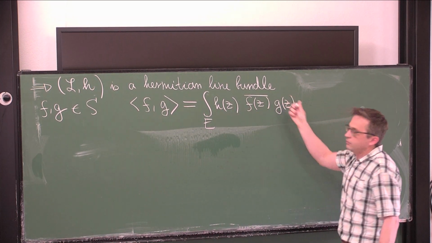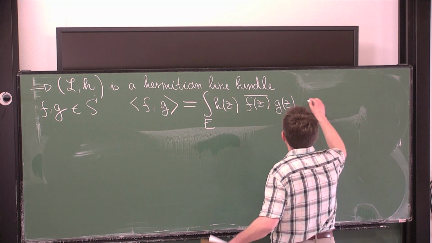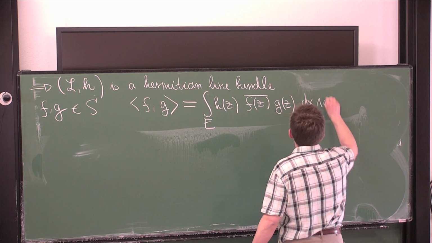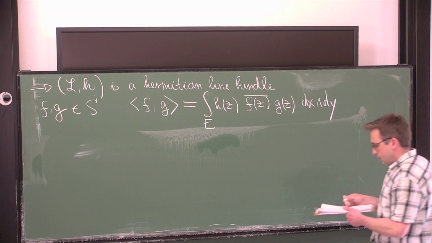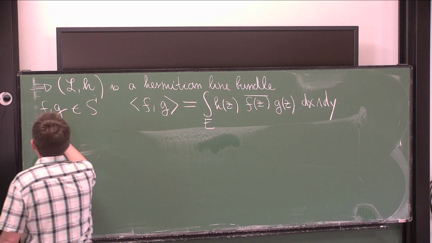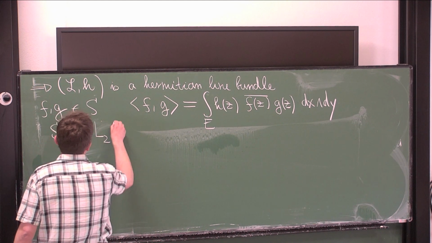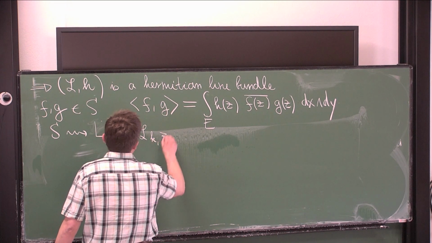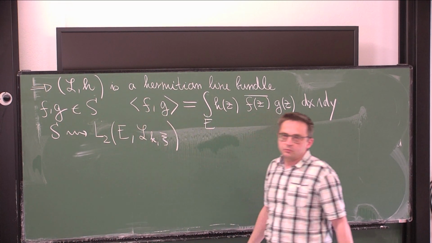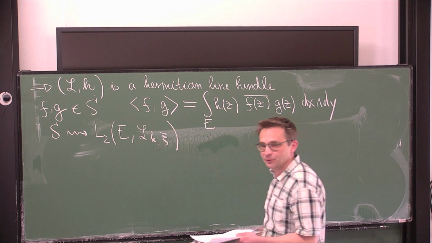So here I have a well-defined function on a torus, and I can integrate the corresponding two form, and it allows to proceed from S to a Hilbert space of sections of my line bundle. In the usual way we proceed when we introduce L2 of M.